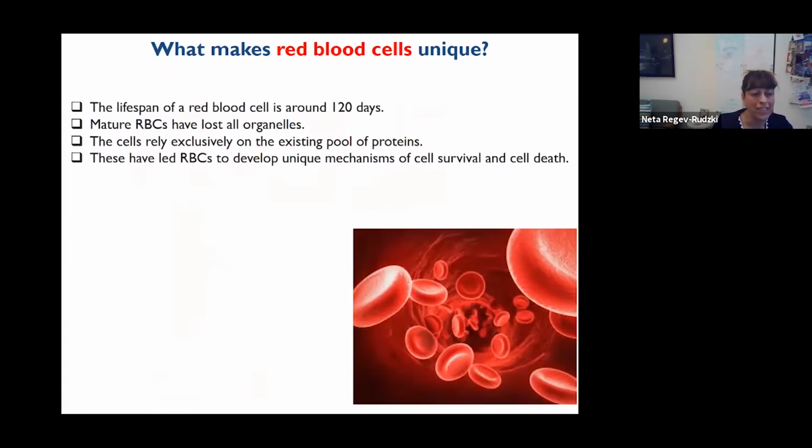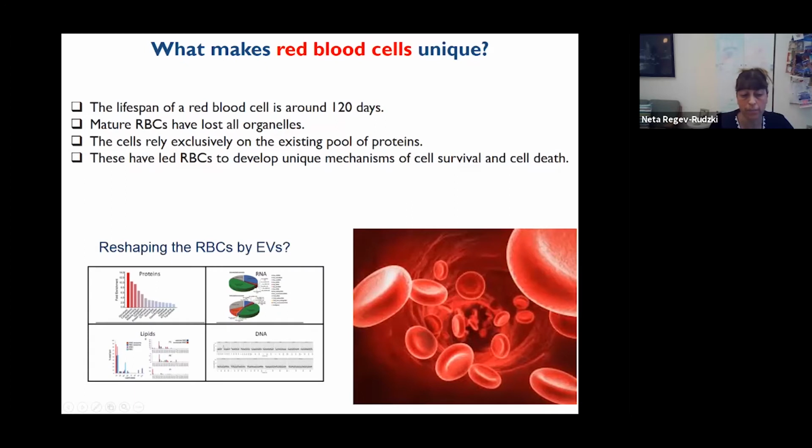That means these cells rely exclusively on the existing pool of proteins, and that led red blood cells to develop unique mechanisms of cell survival and cell death. And if we talk about pathogens reshaping these sophisticated cells by vesicles, then most probably the DNA and the RNA cargo won't affect them as much, but rather the protein cargo. Let's keep that in mind.